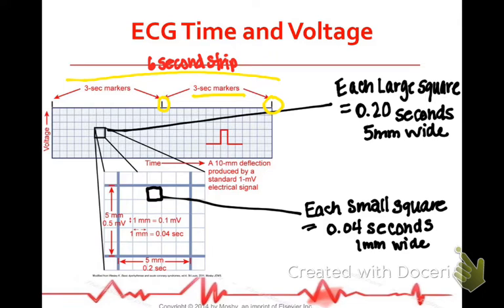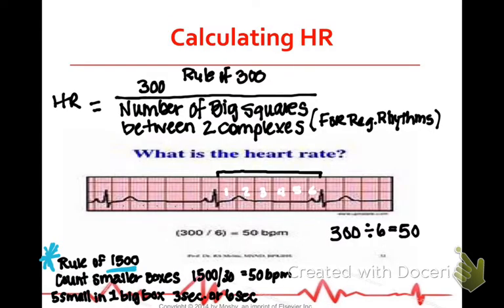So there's 5, right? 6 times 5 is 30. 1500 divided by 30 equals 50. So 5 small squares and 1 big box. And that's the rule of 1500. That's the way to calculate if you have a regular rhythm.